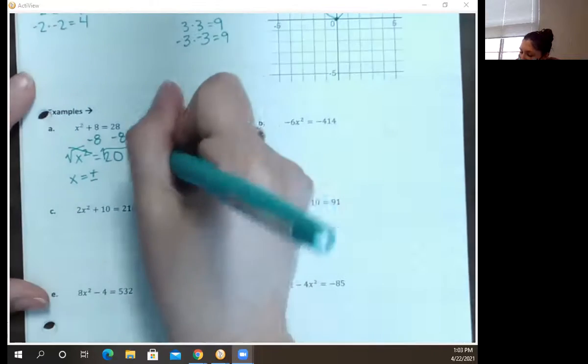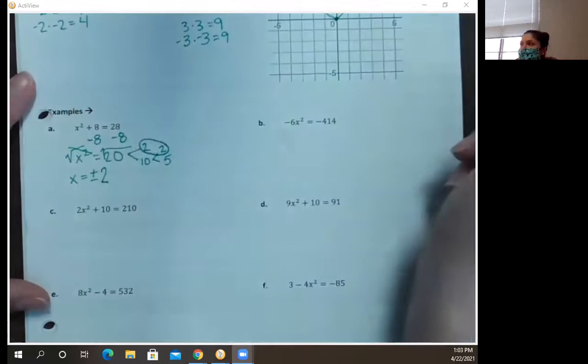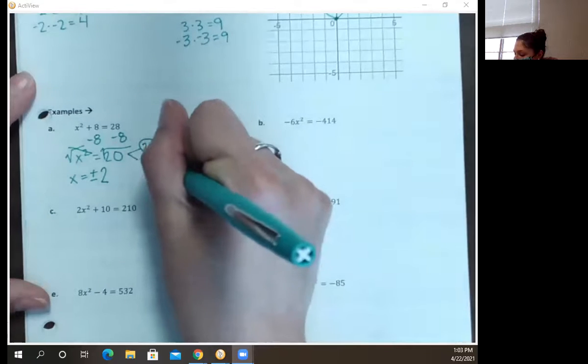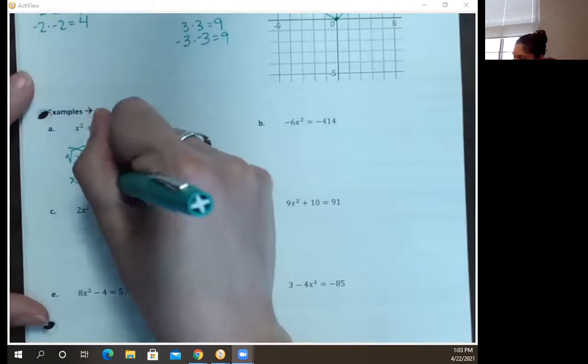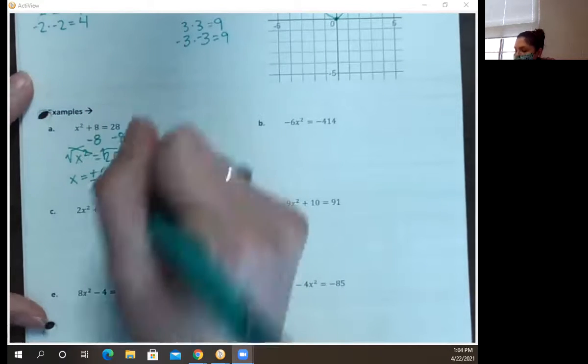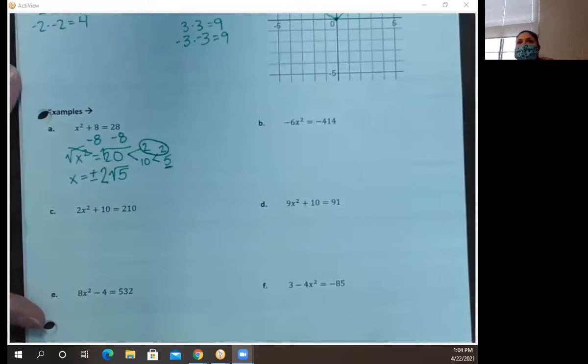So I've got a pair of 2s. That means I get to pull a 2 out of the root. Now, 5, the other number left in my prime factorization here, doesn't have a partner. It doesn't have a pair, so it's going to stay under the root. So my solutions here would be plus or minus 2 root 5.